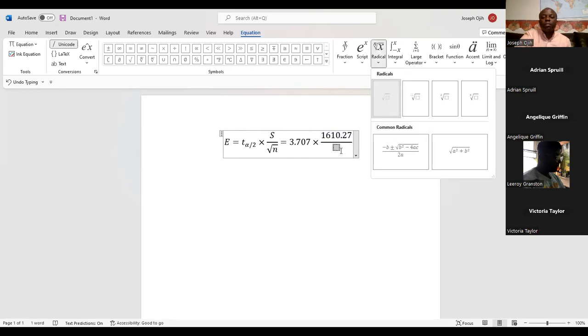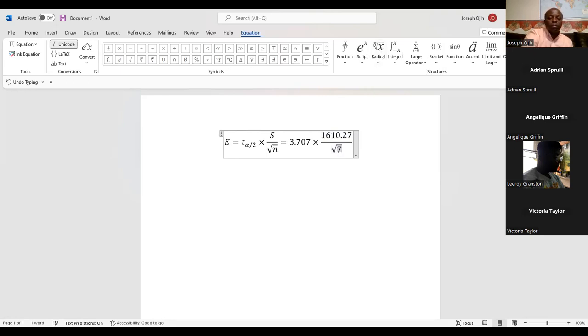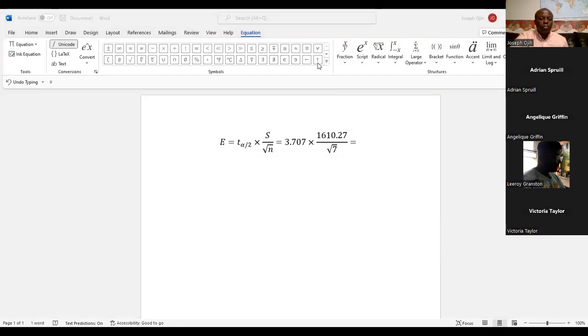Our n is 7, root of 7, and that will give us some value. Write it down: 3.707 times 1610.27 over square root of 7. Let's go and put it in. We take you to the main workbook, our calculator.